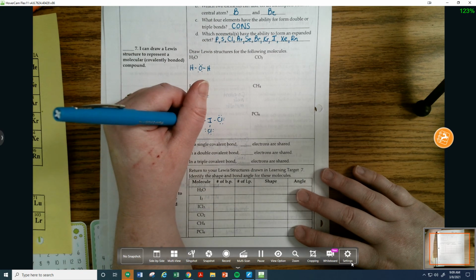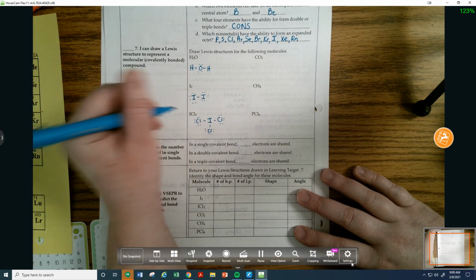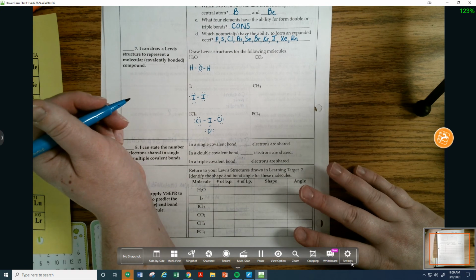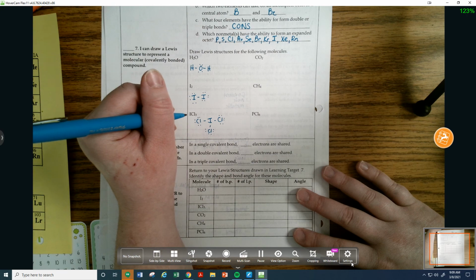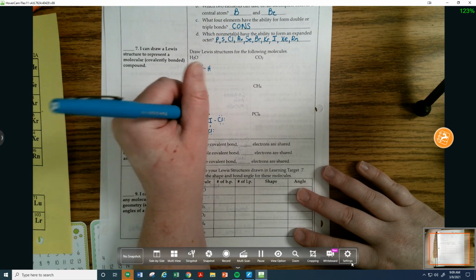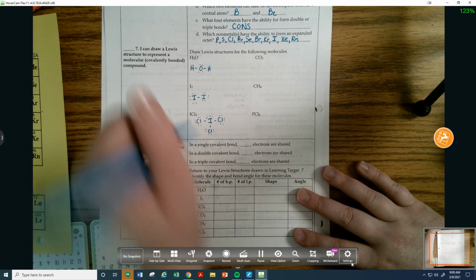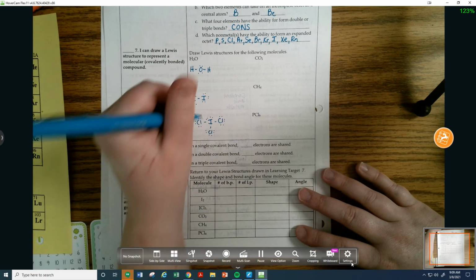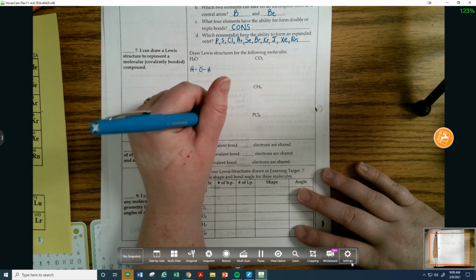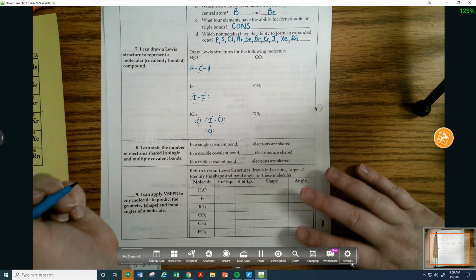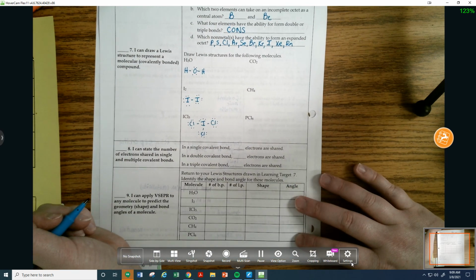So right now I have 24 electrons, and I said you have 28 to spend. So we end up with 2 lone pairs on the iodine here. And if we count, we have 2, 4, 6, 8, 10, 12, 14, 16, 18, 20, 22, 24, 26, 28. And so that one's kind of the odd duck out of the bunch.